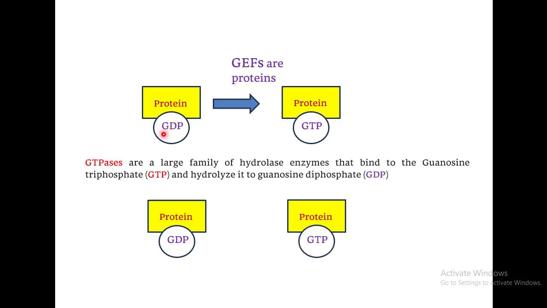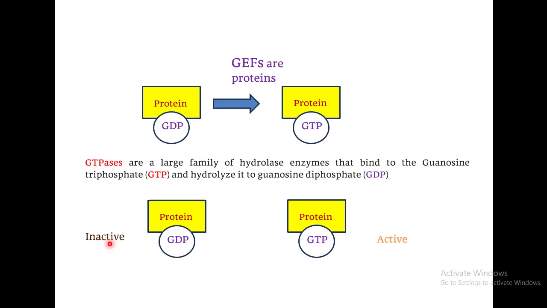The binding of GDP would mean that the GTPases are in their inactive form, and when GTP is attached to these GTPases, they move into their active form. Now, as I've told you in my last video, the GTPases have the ability to hydrolyze this GTP into GDP to move from the active into the inactive form, but they cannot do it alone.